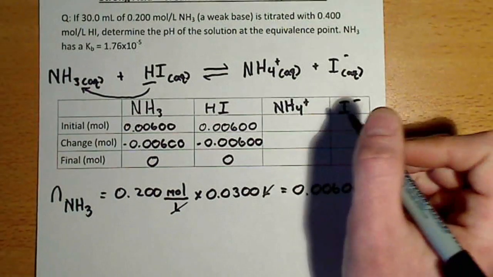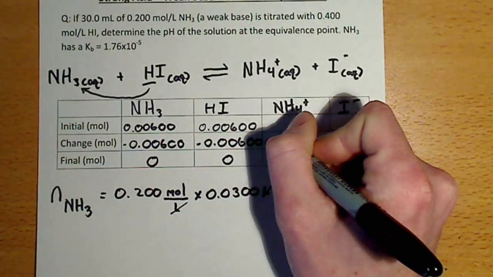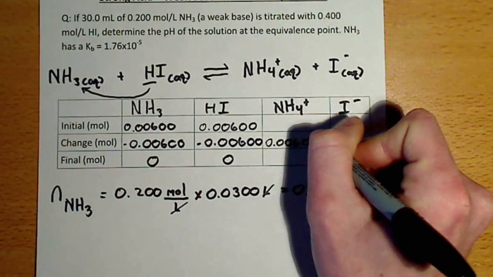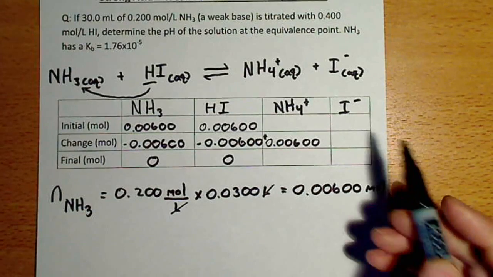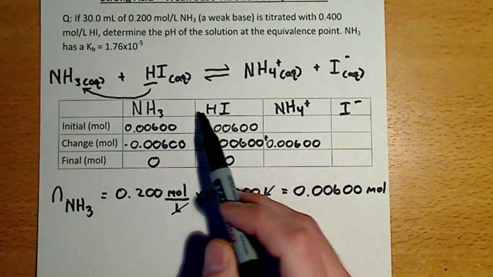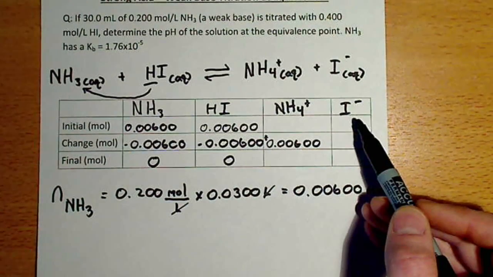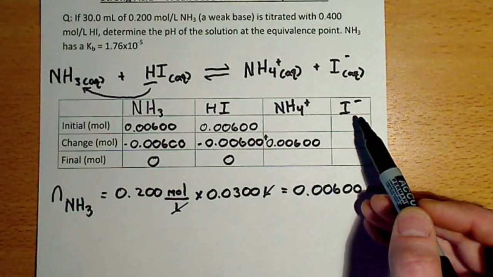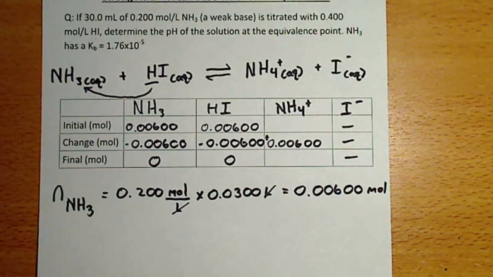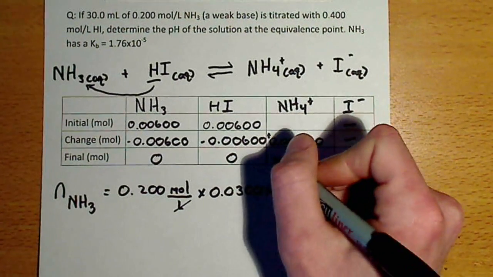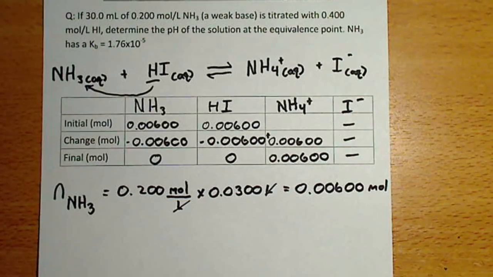In this case, we'll get 0.006 moles of ammonium, and we would also form iodide ion. However, because the iodide ion is the conjugate base of my acid, and my acid is a strong acid, it's going to have a negligible impact on the pH, so we can ignore it. Therefore, in my final molar amounts, I will only have 0.006 moles of ammonium ion.